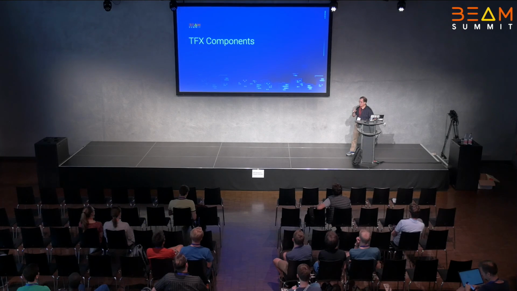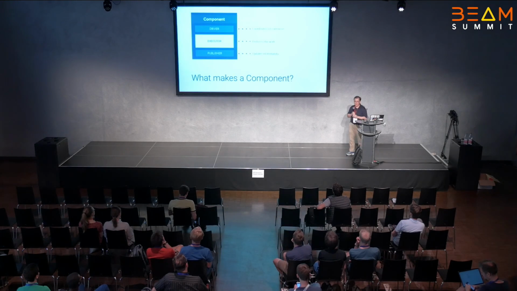So, a TFX pipeline is a directed acyclic graph, or DAG, and it is made up of components. Those components are structured like this. So there's really three main pieces to a component: a driver, an executor, and a publisher. A driver goes out and looks at the environment in which it operates and decides, should I or should I not run this component?